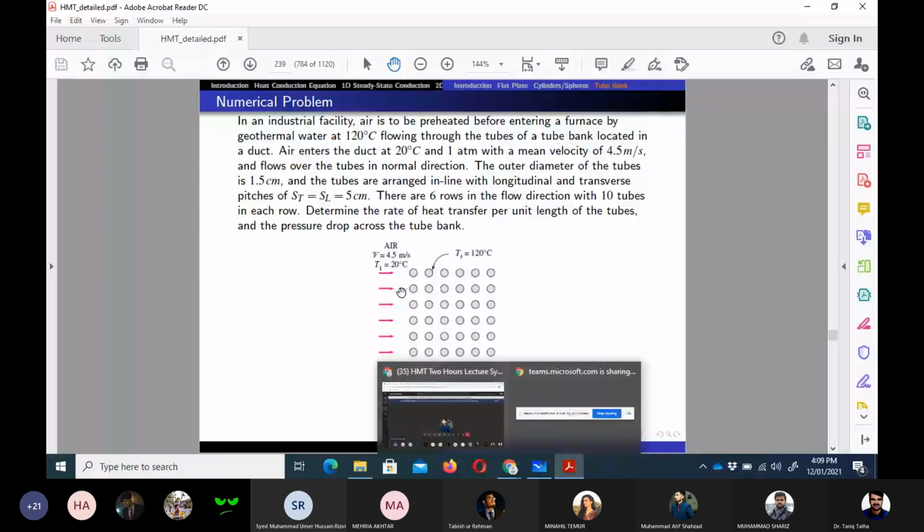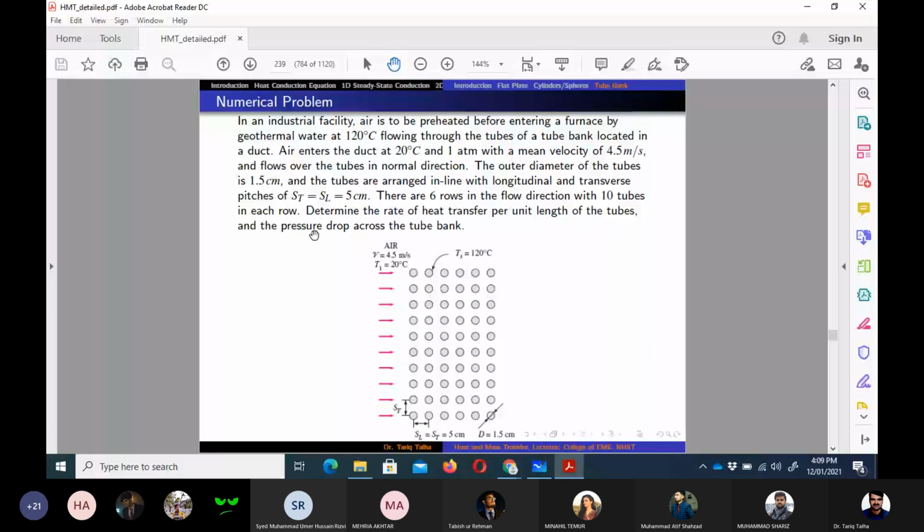Determine the rate of heat transfer per unit length, because these tubes also go into the board, which would have the length of the tube, and after that it would take a turn, come back, and then take the turn again, and continue that way.